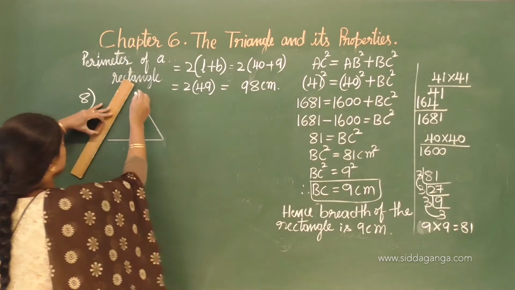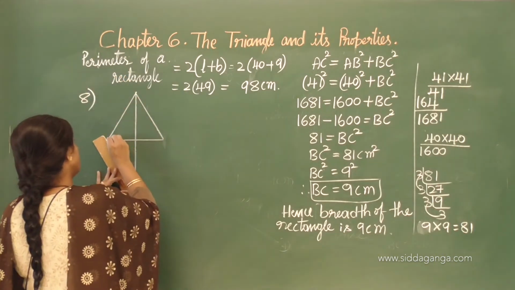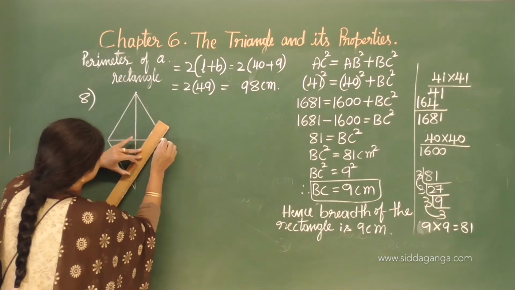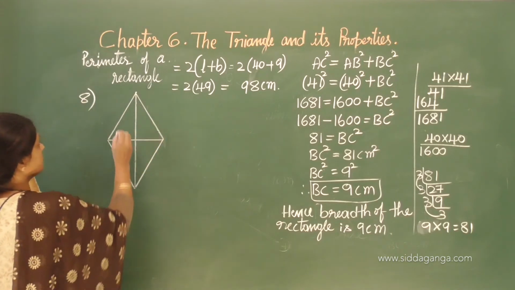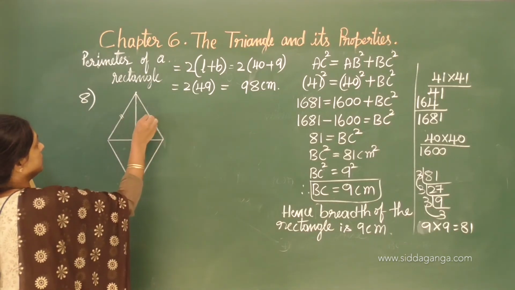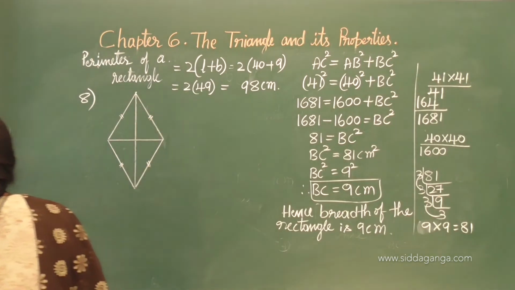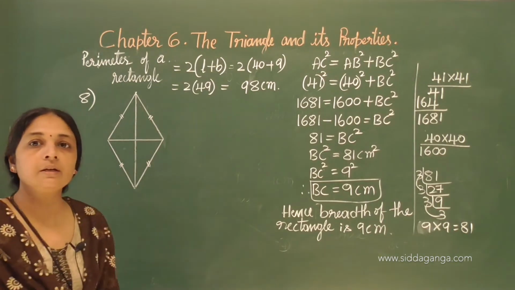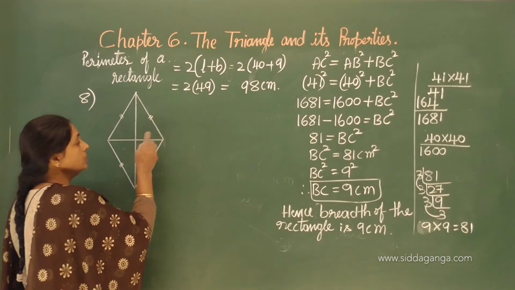Rectangle, square, parallelogram, these are all special quadrilaterals. Like that, rhombus is also a quadrilateral in which all the sides are equal, and the diagonals meet perpendicular to each other.